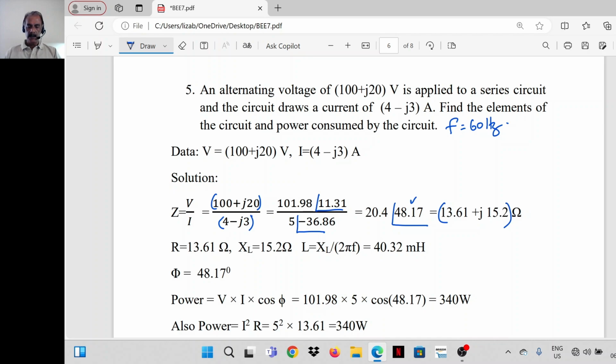The voltage is given as 100 plus J20. When you convert it to polar form, it is 101.98 angle 11.31.